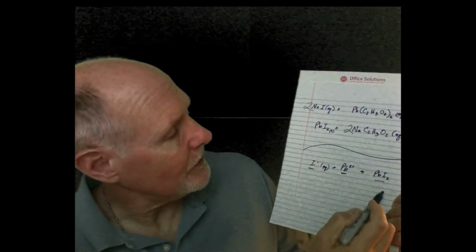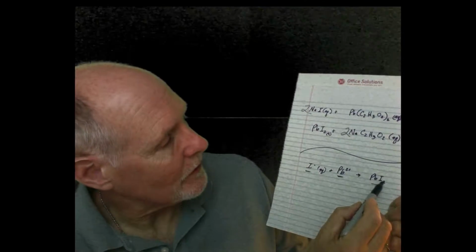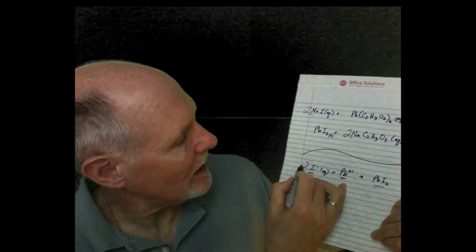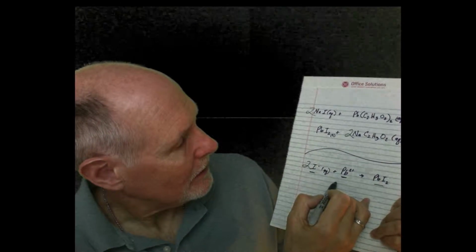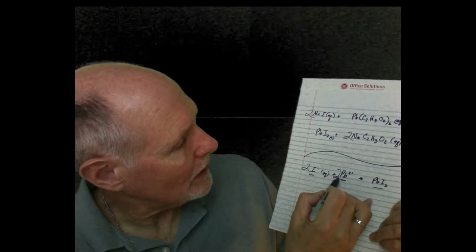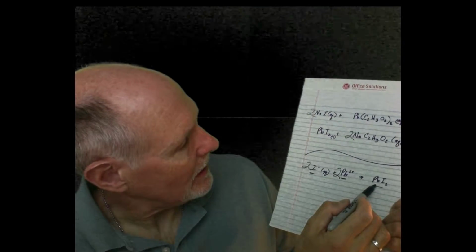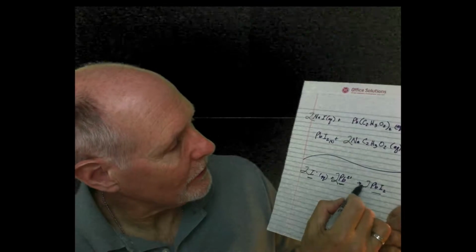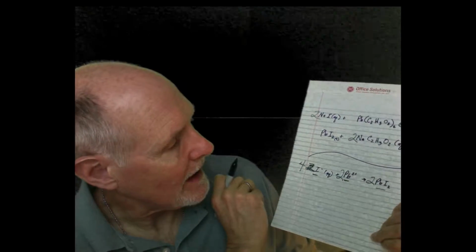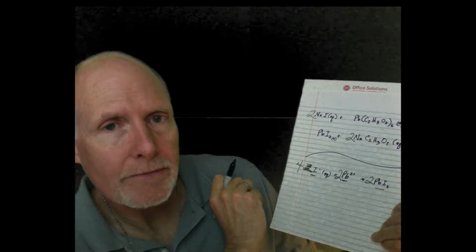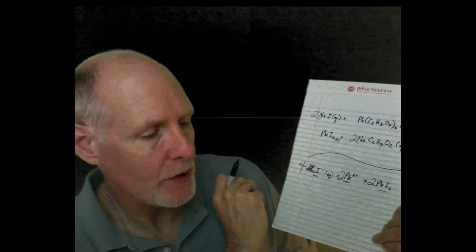And again, to balance that, we see that we have an I2 over here, so we need 2 of those guys, and we're also going to need 2 leads right here, and that doesn't quite give us enough, so we're going to need 2 here, and that actually makes 4 over here. Okay, so that is now balanced. So that's how you would answer that question.